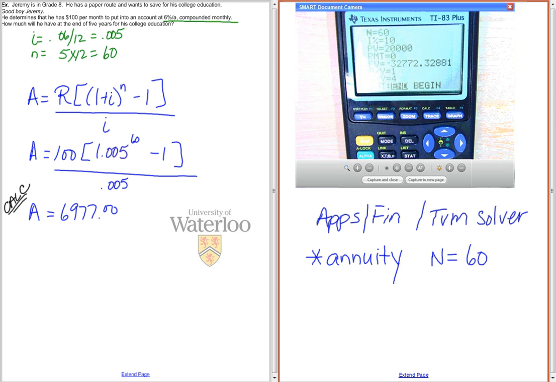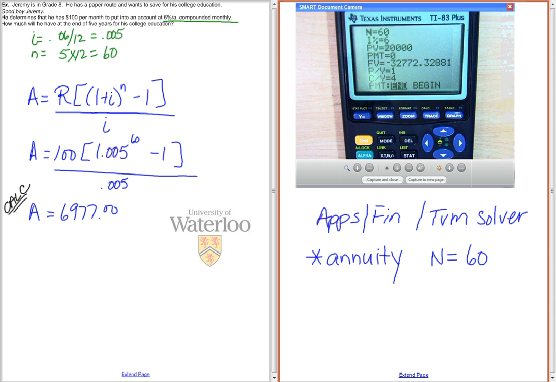His interest rate is 6%. So that you type in as you're given. Present value is the amount of money Jeremy has right now. He's got nothing. His payment, it's going to come out of his pocket. So I would do negative 100.